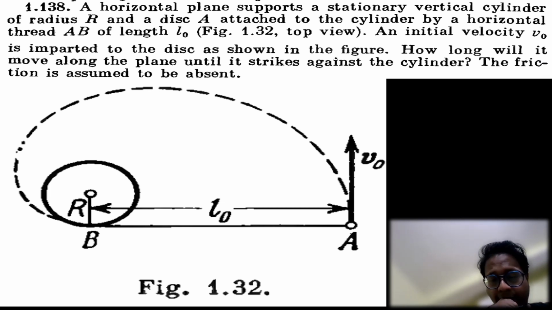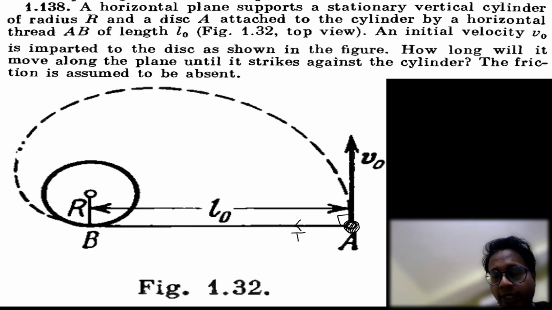See, can I deduce one thing? What is the total force acting on this particle? The only force acting on this particle is the tension force. And during every point in its motion, the tension force would always be perpendicular to the velocity.